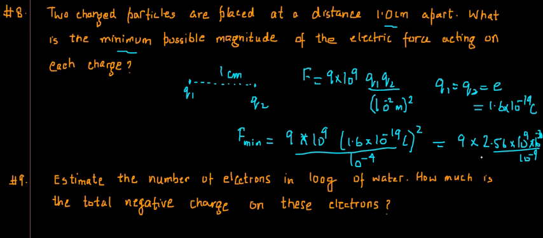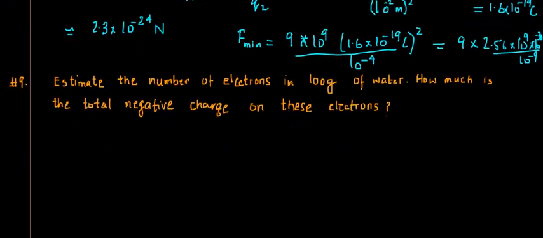So when we solve this, we'll get a number approximately equal to 2.3 into 10 to the power of minus 24 newtons. Okay, let's move ahead.